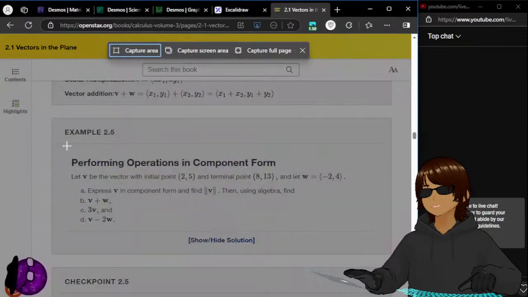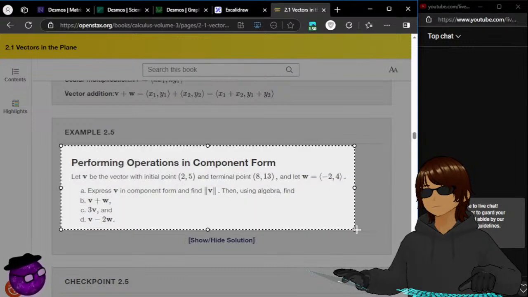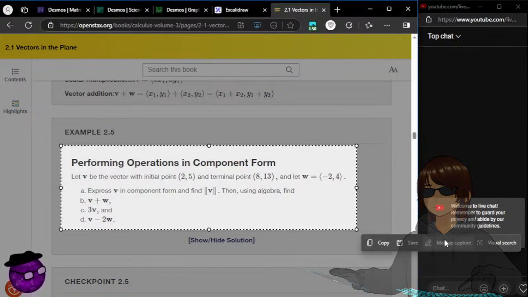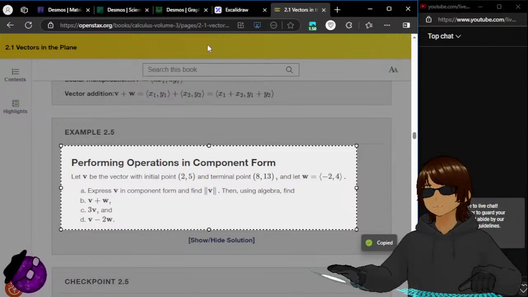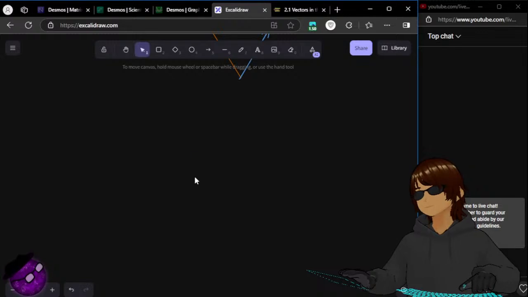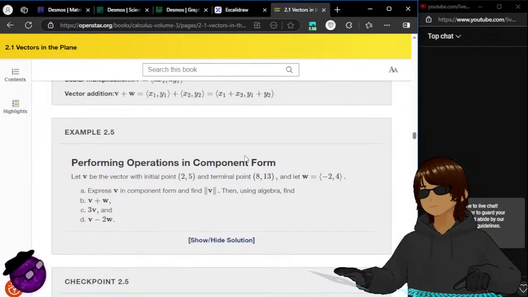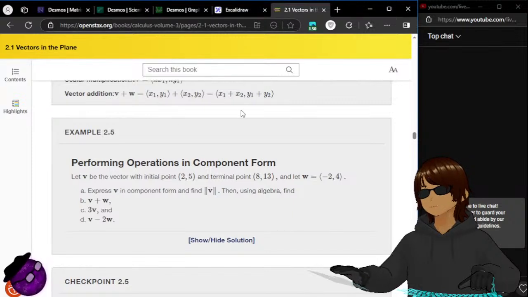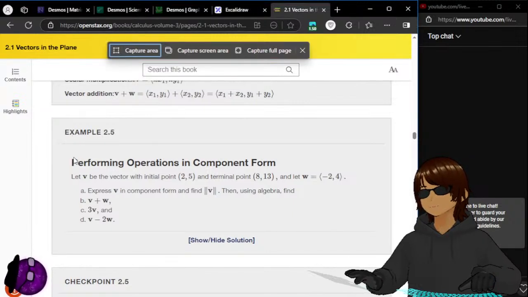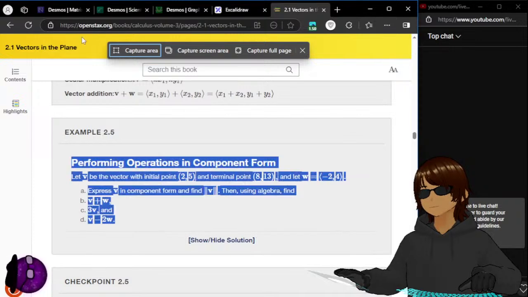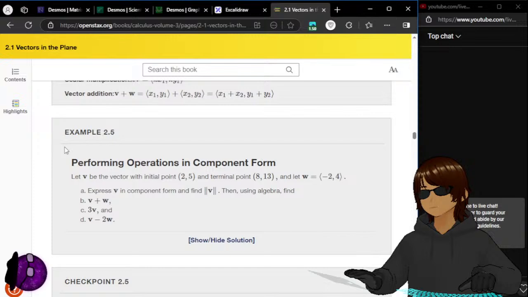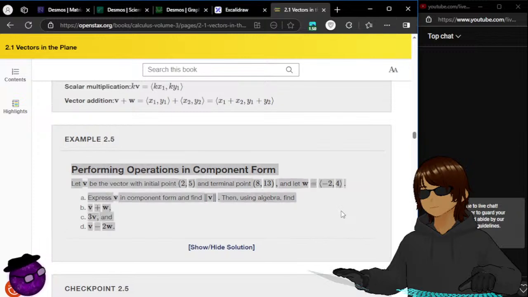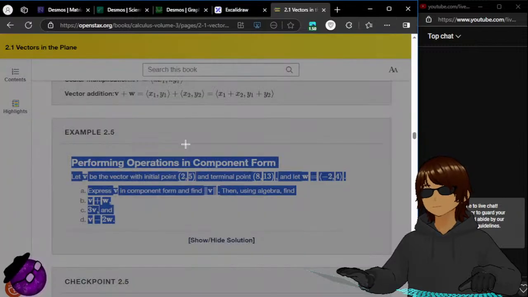Okay, Control Shift S. Yeah. How do I copy and close? Did it not get copied? Control Shift S. What's happening?